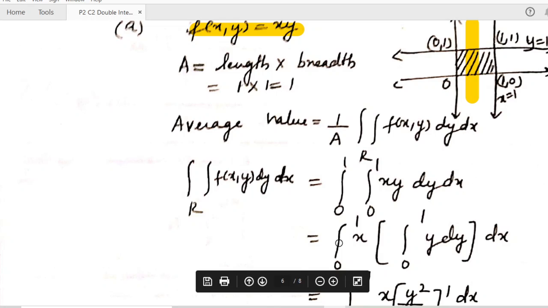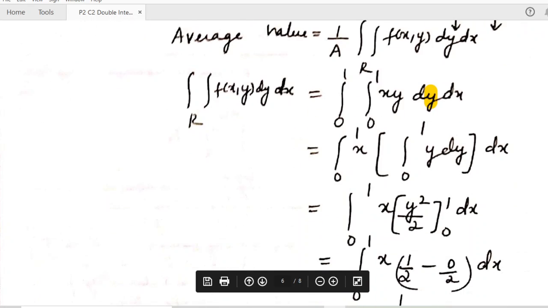Now we are going to find the integral 0 to 1. First we will be integrating with respect to y. So integral 0 to 1 of y dy: integration 0 to 1 of x into the integral of y, which is y square by 2, with limits from 0 to 1, dx.